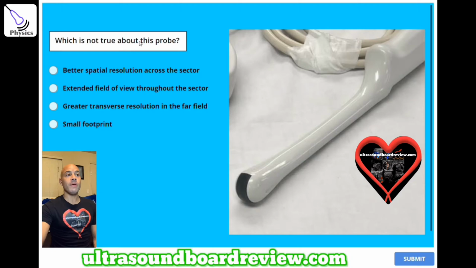Question number 11. Which is not true about this probe? A. Better spatial resolution across the sector. B. Extended field of view throughout the sector. C. Greater transverse resolution in the far field. Or D. Small footprint.